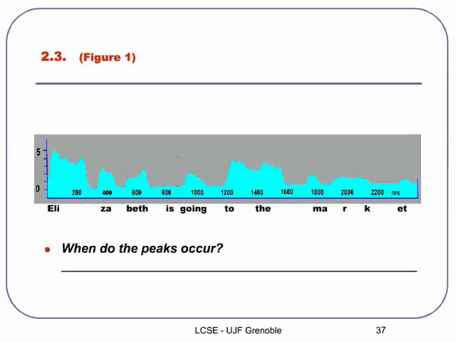If you look at the drawing in Figure 1, the curve represents a stress pattern of a French speaker who knows very little English, saying, Elizabeth is going to the market. The intensity, measured in decibels, is indicated on the left-hand vertical axis on a 0 to 5 scale, while time is recorded on the horizontal axis in milliseconds. Now, what are the characteristics of this curve?